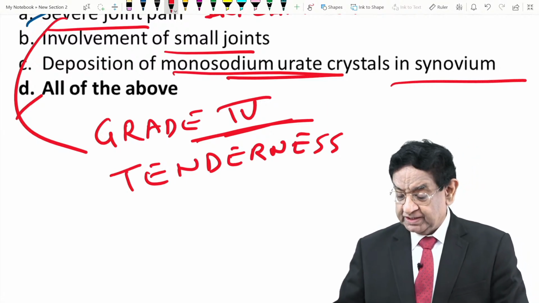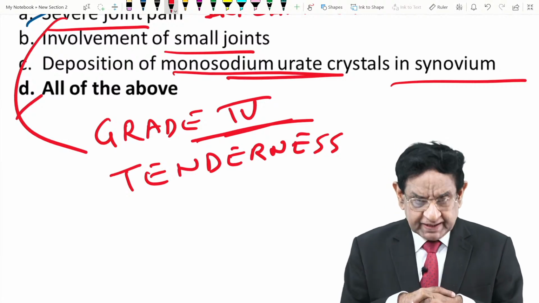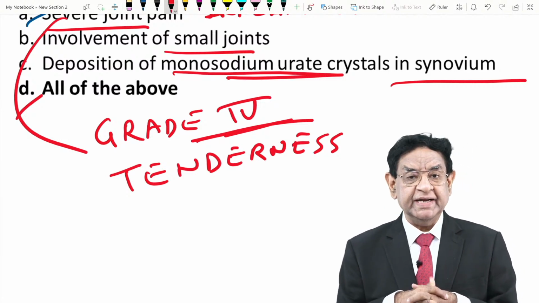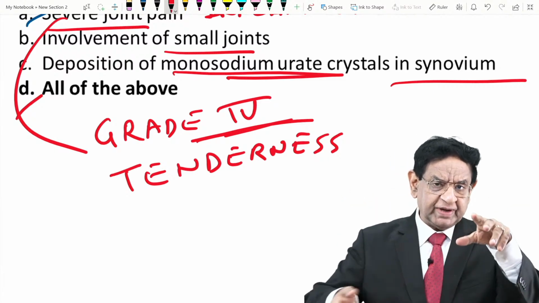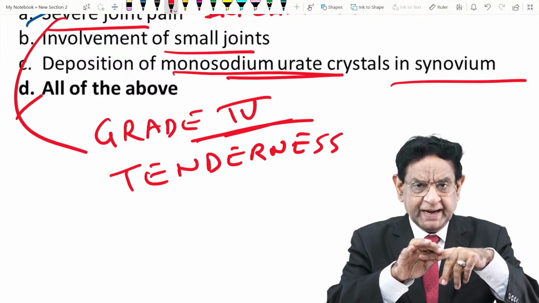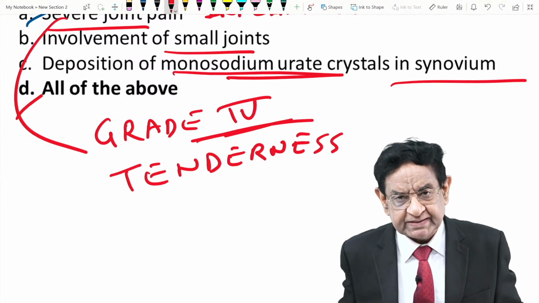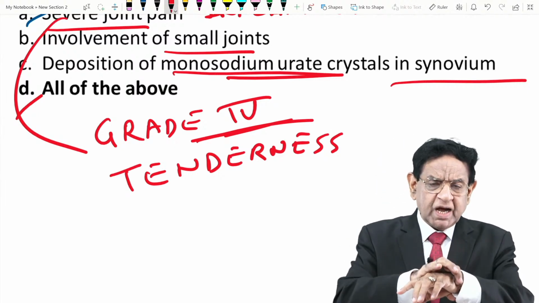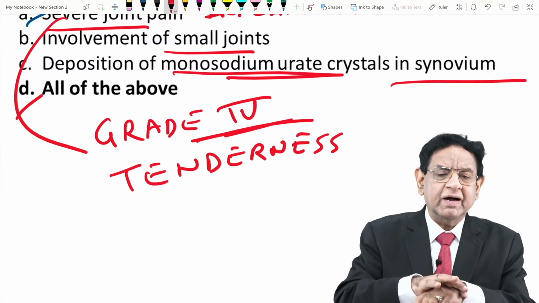Well, before I proceed further, let me tell you the grading of tenderness. Grade 1 tenderness is when you touch and you can elicit the pain. He says yes, I have pain. Grade 2, you touch, the patient winces with pain.